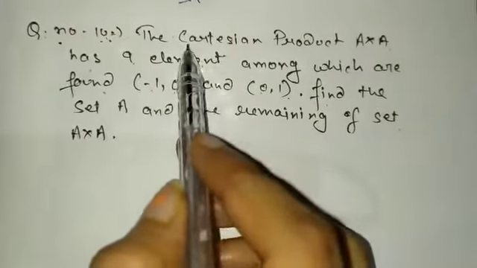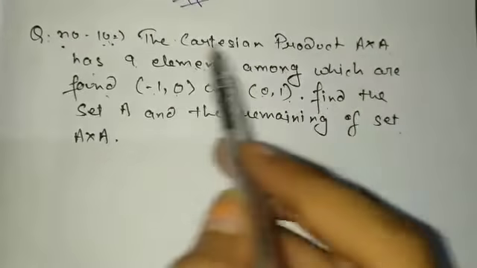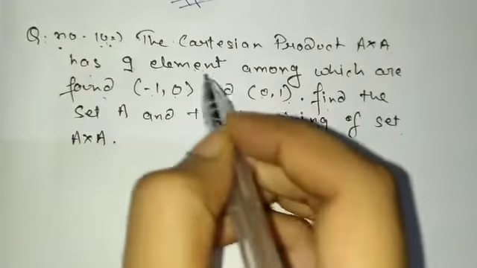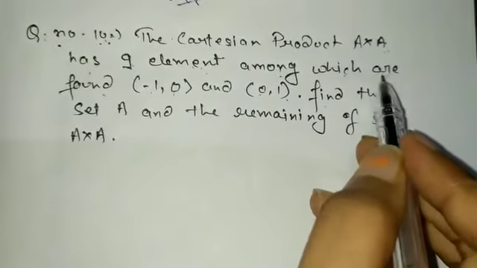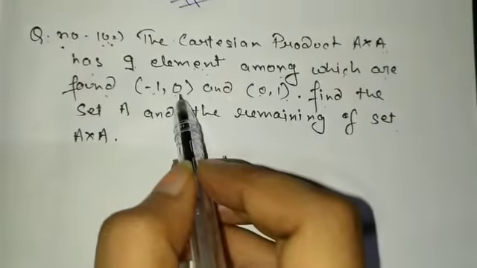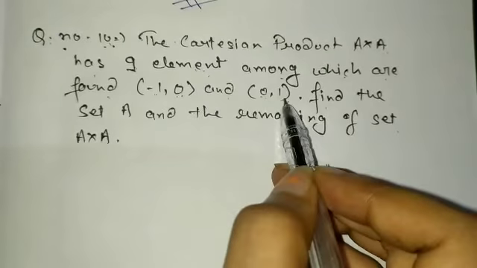Question number 10. The Cartesian product A into A has 9 elements, among which are found (-1, 0) and (0, 1).